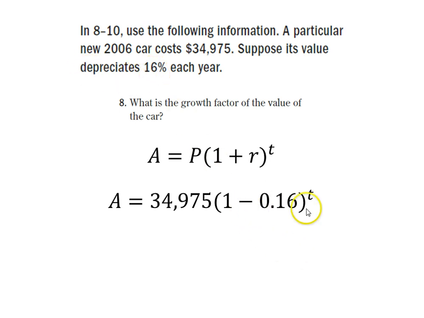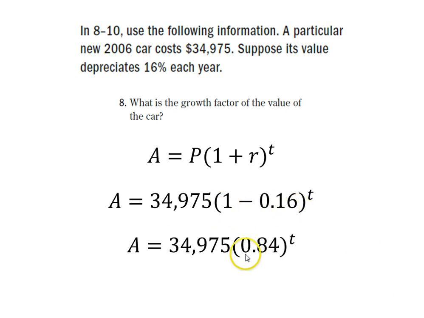So it's going down 16% each year. It's losing 16% from the 100% of its value after t years. So the growth factor is going to be, if it's losing 16% of its value, how much of its value is it maintaining? And by simplifying what's inside the parentheses here, we find that growth factor.